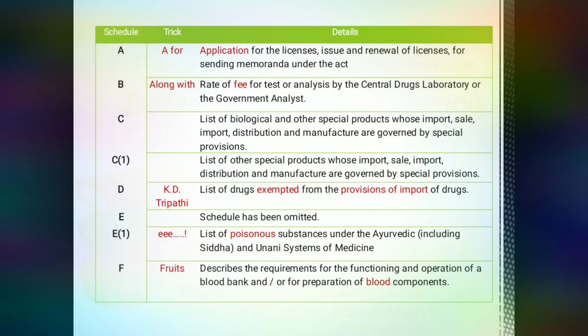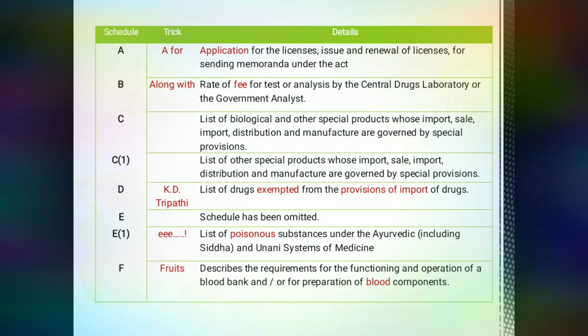Schedule E1 is the list of poisonous substance under the Ayurveda, including Siddha and Unani system of medicine. Remember, Schedule E, which was about list of poisonous substance, has been omitted, whereas Schedule E1 is for poisonous substance under Ayurveda, Siddha and Unani system of medicine.